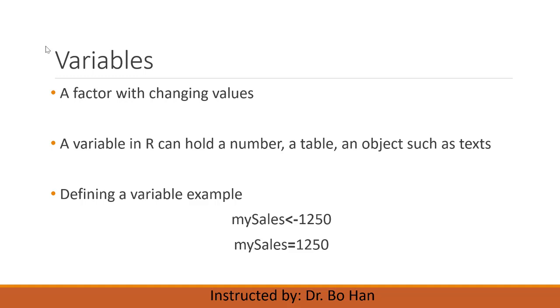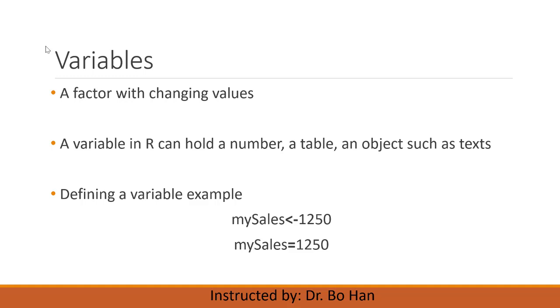The first one is, between the variable and the value, I have a less than sign and then a small dash. This is one way of giving a value to the variable my sales. Or I simply use a single equal sign.